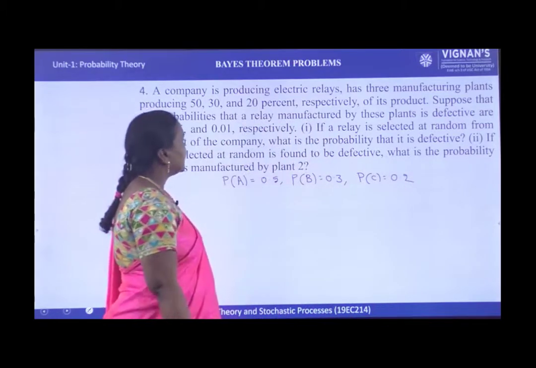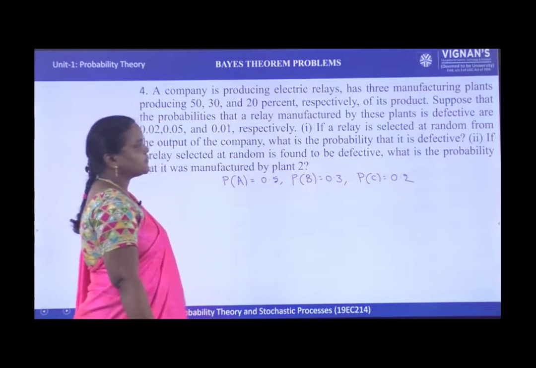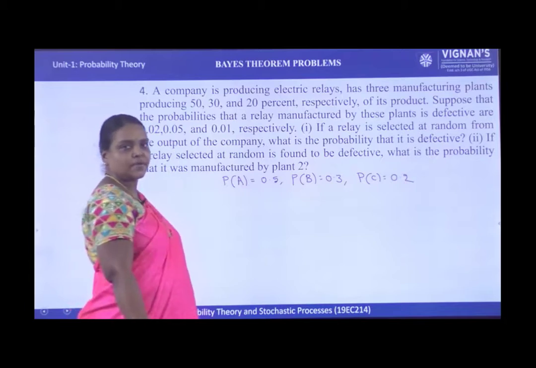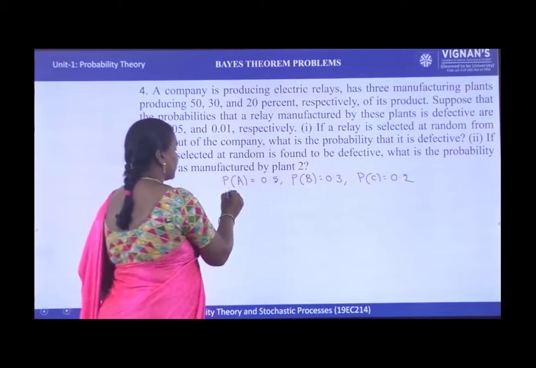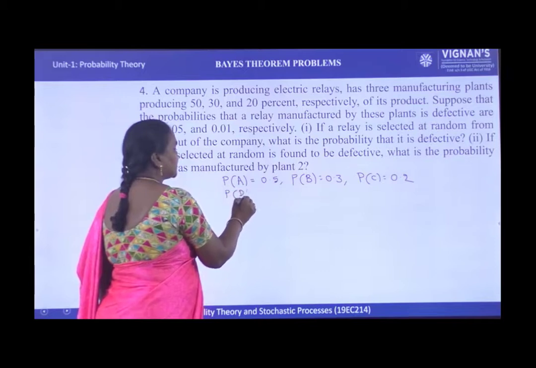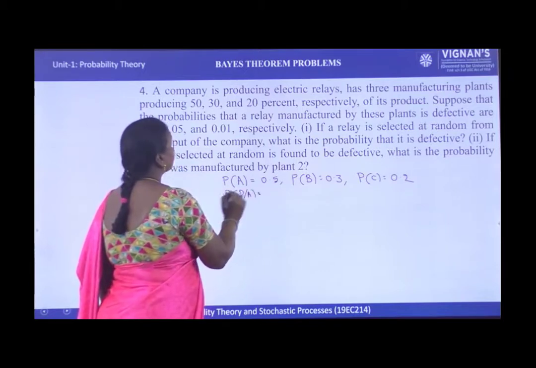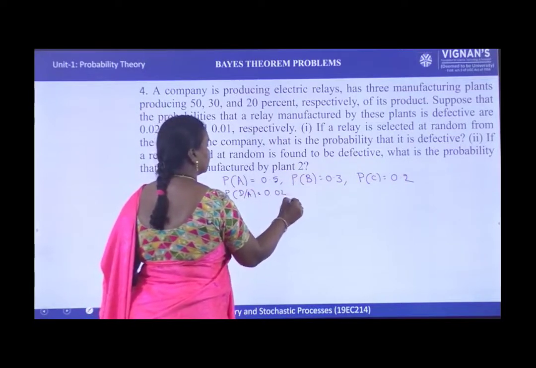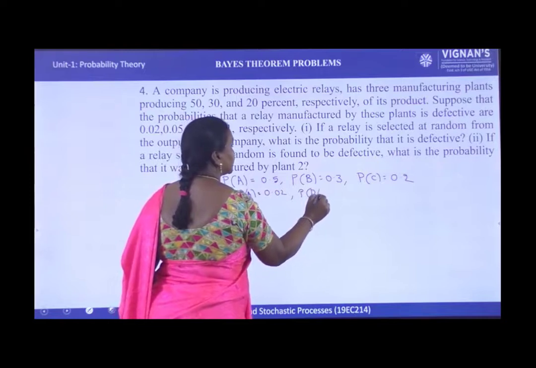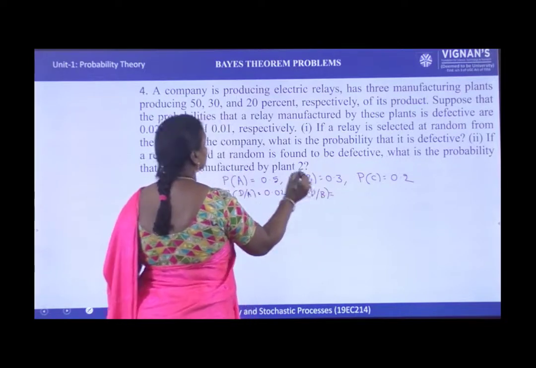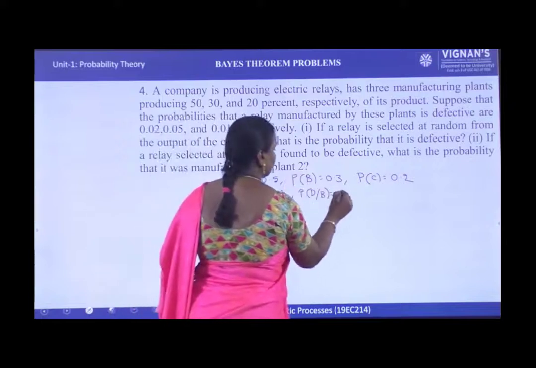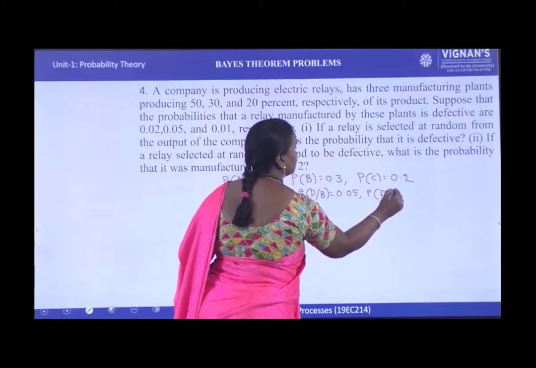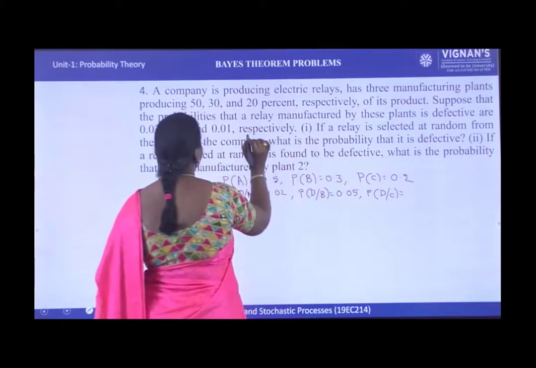Suppose that the probabilities that a relay manufactured by these plants is defective are 0.02, 0.05 and 0.01. So they have given the probability of defectiveness if it is A is 0.02, probability of defectiveness in B, it is 0.05 and probability of defectiveness in C, it is 0.01.